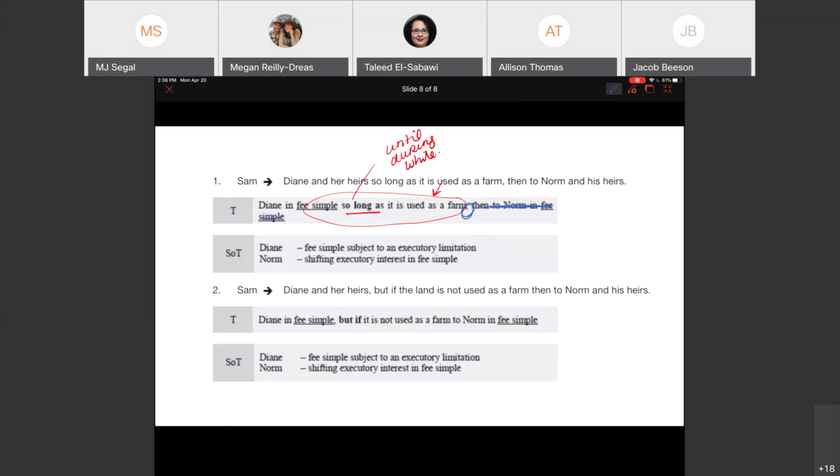And so a trick is you can look to see where the comma is. In this example here, the words of limitation are provided that, or but if, provided that, on condition that.